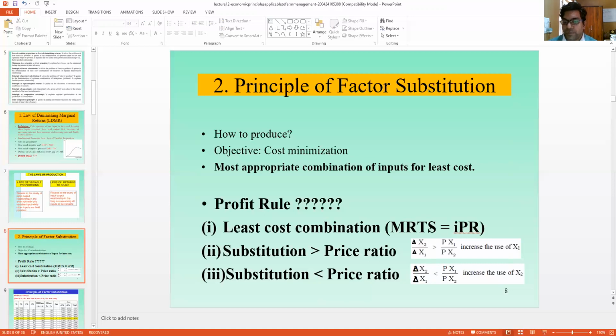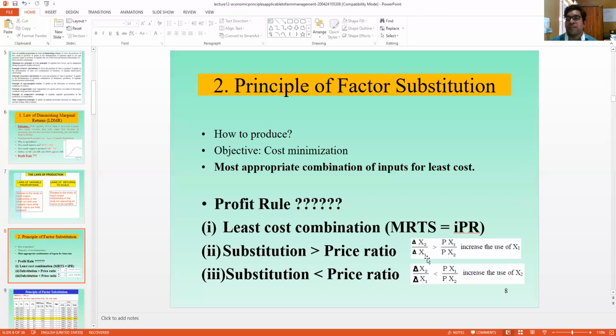We used to denote inputs as X and output as y. X2 stands for the replaced input, that is the sacrificed input. X1 stands for the added input. So when you add one input, you have to replace another input.